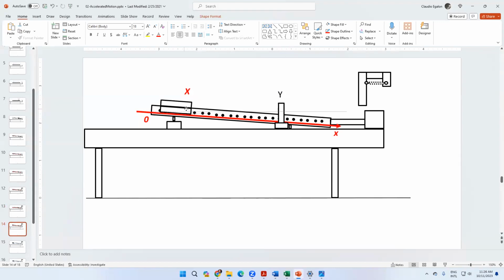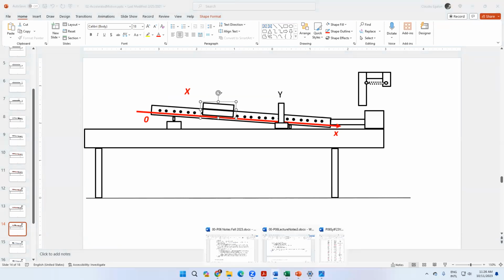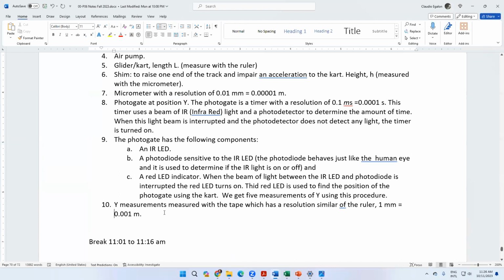The lower the cart is in the track, the smaller the speed that it goes through the photo gate. And for the Y measurement, we take 5 measurements of Y using the photo gate and the cart.